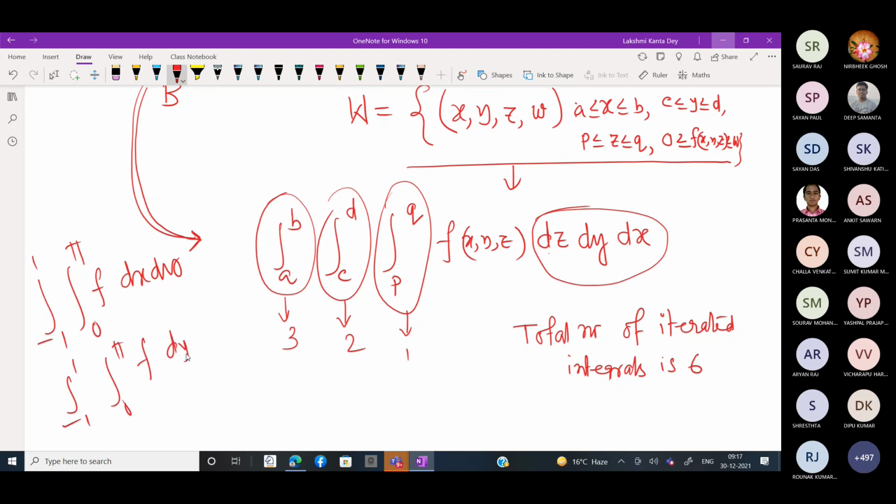These have different meanings. Here x is running from 0 to pi, y is running from -1 to 1. Here y is running from 0 to pi, x is running from -1 to 1. So you cannot change this dx dy on your own. You have to see the given question, and only then write it.